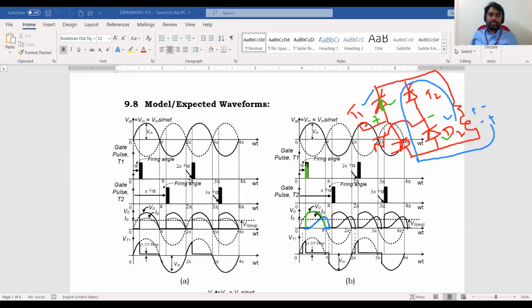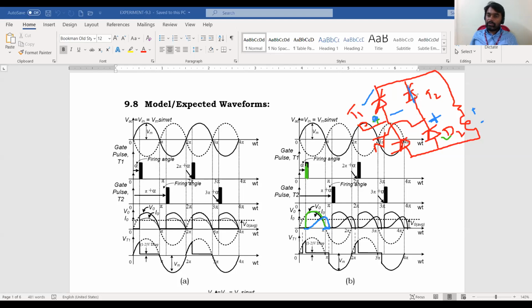Similarly, if you want to see during negative half cycle, polarity will become reverse. So instead of positive here, it will be negative, and this leg is connected to positive like this. And the current always leaves from the positive terminal. So if this is the polarity, it is connected to the anode of T1, T2, which is in forward bias condition.